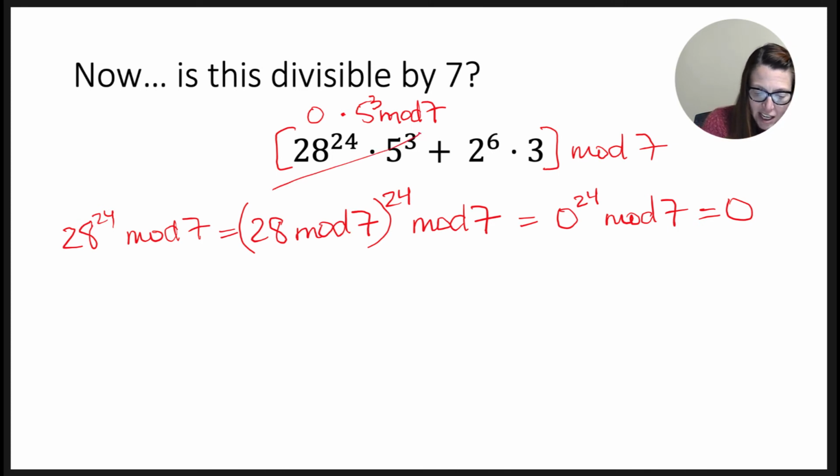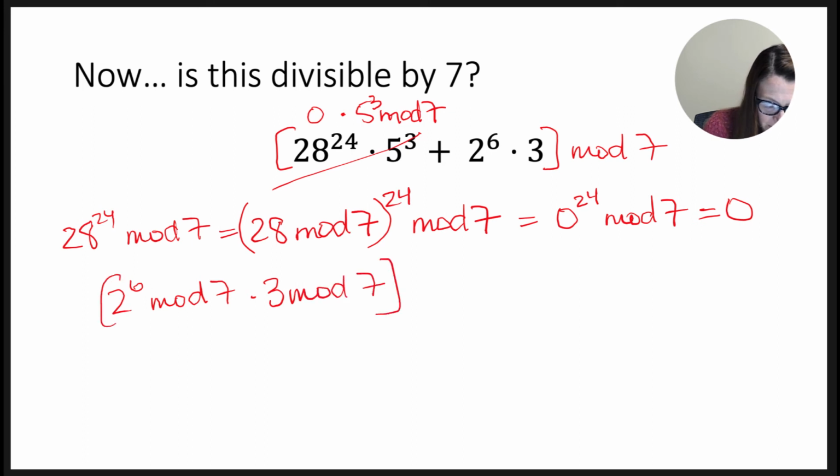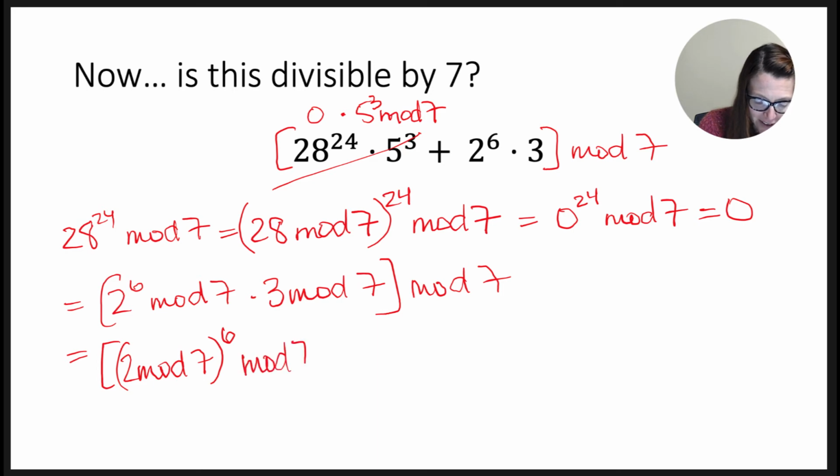And so this whole thing becomes 2 to the 6 mod 7 times 3 mod 7, all mod 7. But I can go a bit further because I know that this then becomes 2 mod 7 to the 6th power mod 7 times 3 mod 7, mod 7.